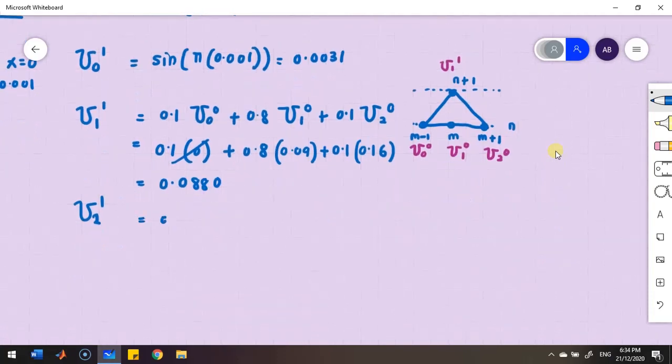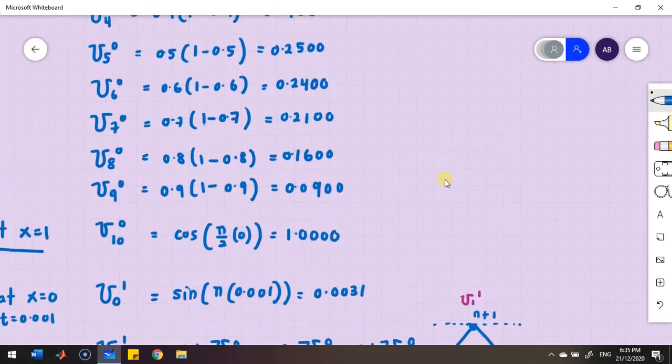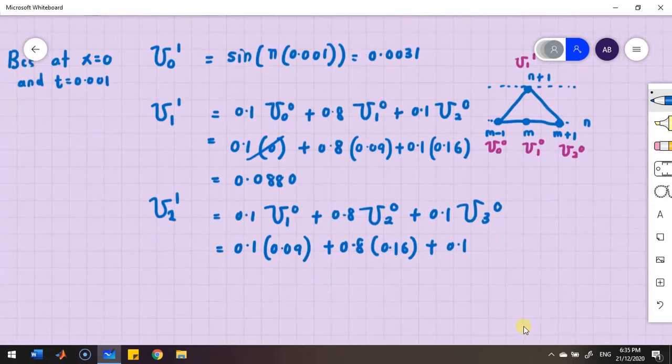So we have 0.1 u10 plus 0.8 u20 plus 0.1 u30. I know u10 is 0.09 and u20 is 0.16. I'm pretty sure earlier on u30 is 0.21. Let's check. u30 is 0.21. So put that answer here.